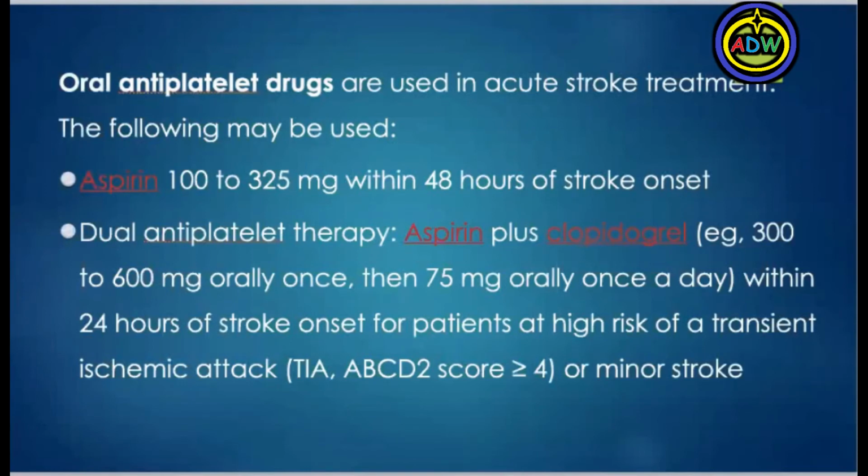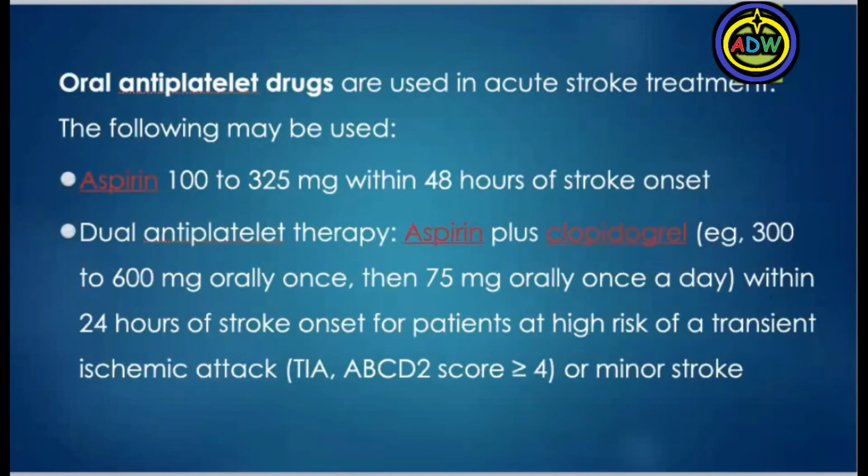This is within 24 hours of stroke onset for patients at high risk of transient ischemic attack, when the ABCD2 score is 4 or more, or patients have a minor stroke. Now we will talk about what the ABCD2 score is.